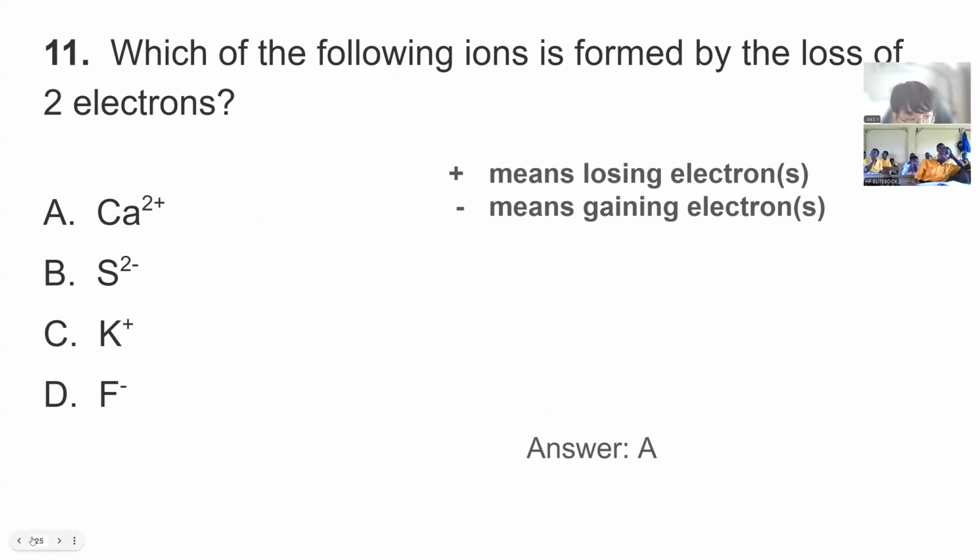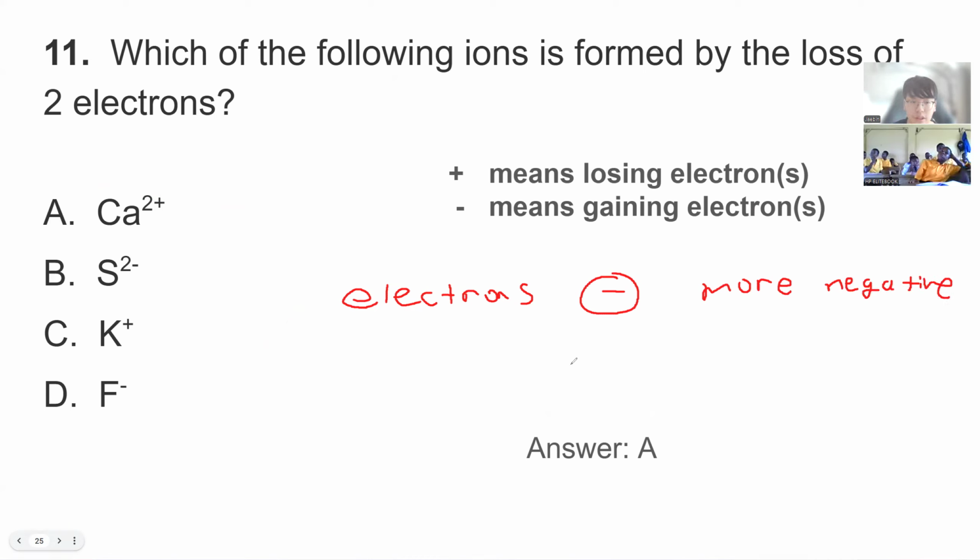Remember how electrons are negatively charged. That is why if you gain electrons, it doesn't become positive. It becomes more negative if it gains electrons. So if it gains electrons, then it has more negative.